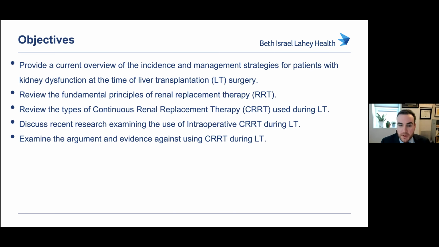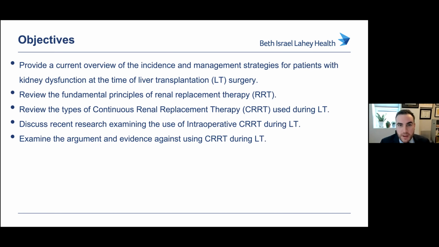I want to review the fundamentals and principles of general renal replacement therapy that we use for our patients in the ICU, and the modes of which our ICU doctors can choose from different replacement therapies.